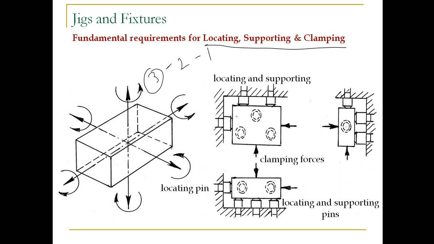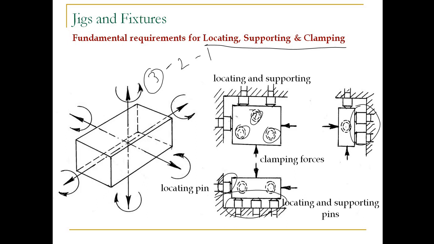So what is that 3? In the base, if you see the side view, there will be 3 supporting pins which will support the block or job from the base, right? Now this is the top view. You can see over here there are 3 supporting pins from which it is supported from the base. Now if we see this particular view, there will be 2 locating pins.